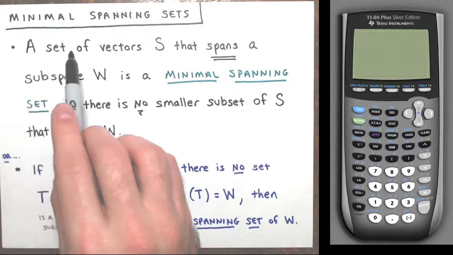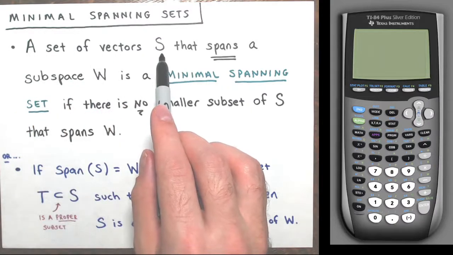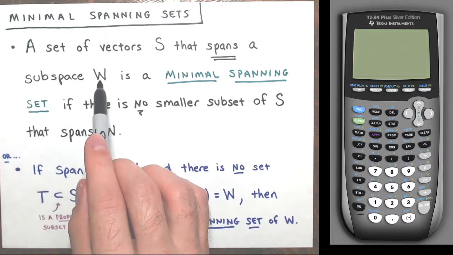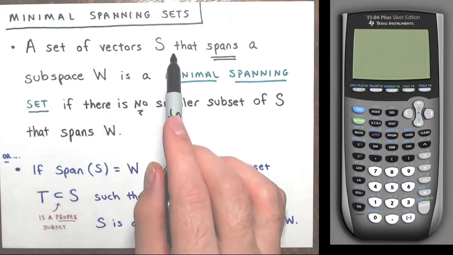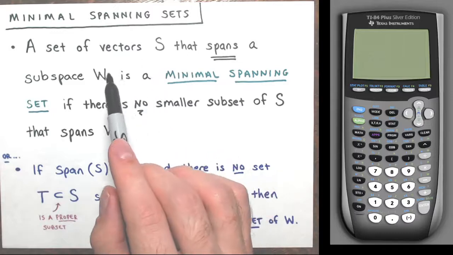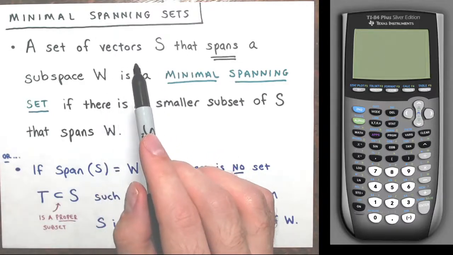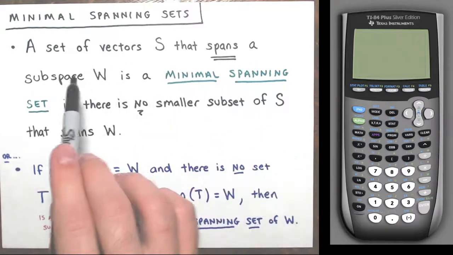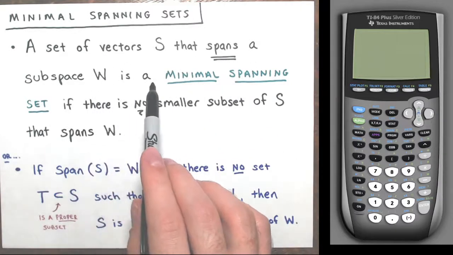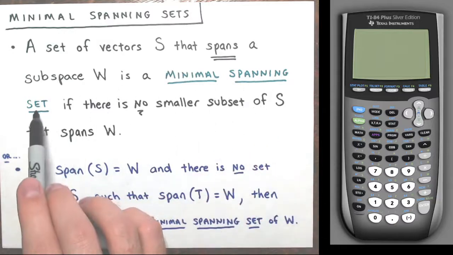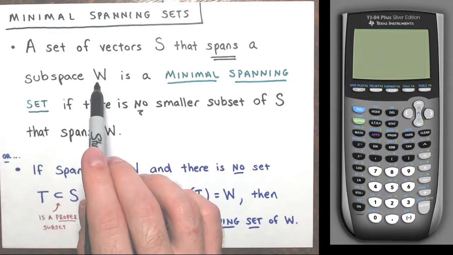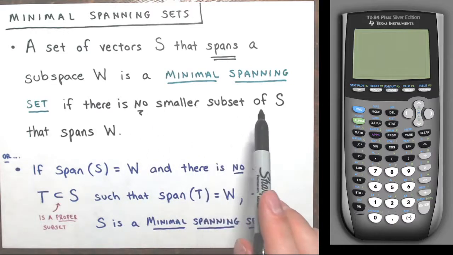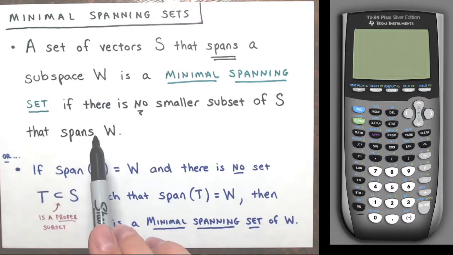A set of vectors, we'll call S, that spans a subspace called W, meaning that W is the span of S. W is made up of all the linear combinations of the vectors of S. A set of vectors S that spans a subspace W is called a minimal spanning set for W if there is no smaller subset of S that also spans W.